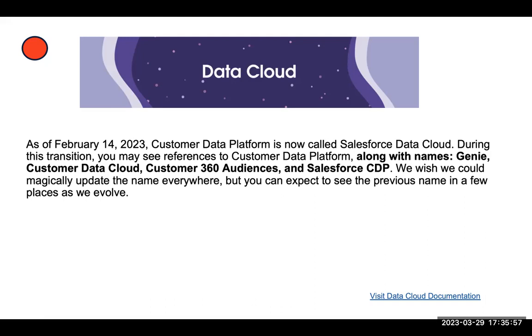Salesforce is trying its best to rename all the previous names to Data Cloud, but you can expect some delay, and some previous names somewhere for sure. It's definitely going to be changed in the next couple of days. If you wish to visit any Data Cloud documentation, it's available in the presentation as well.